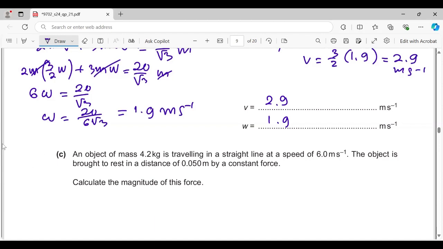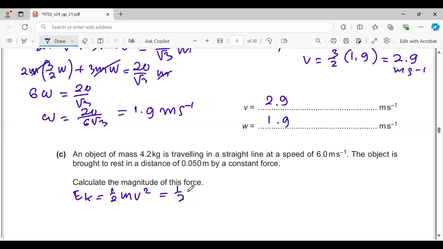The first step, we need to find the work done through the kinetic energy formula, because this object moves. Okay. So the formula is half m v squared.